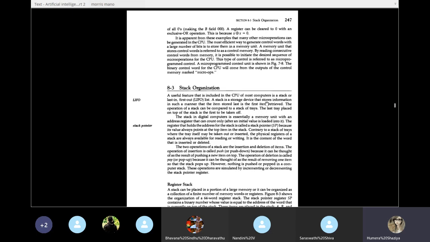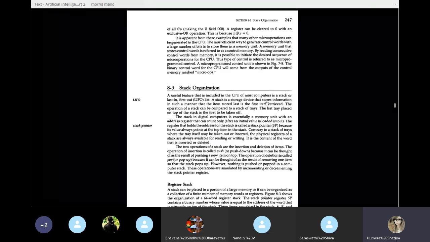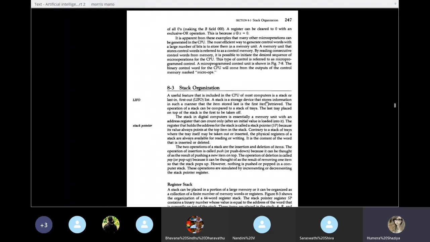So what happens in stack is that whatever element you place in the stack goes into the bottom, and whatever item you place next, it is like a stack, meaning layers. So the last element which is inserted in the stack is the first one which is accessed through the stack.